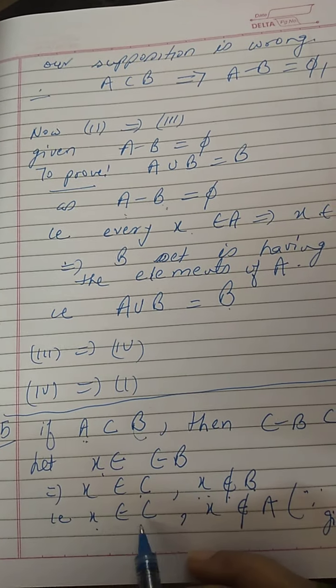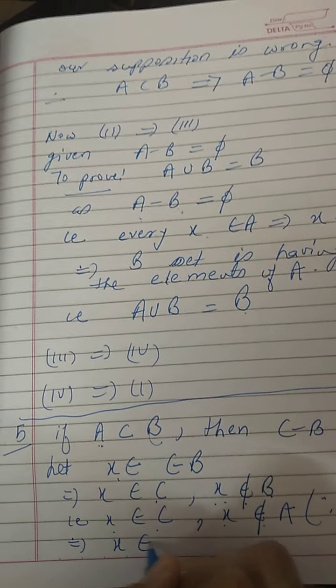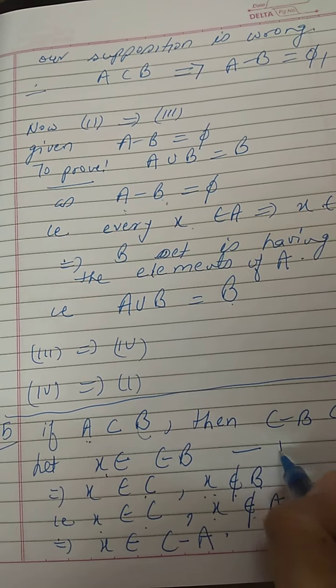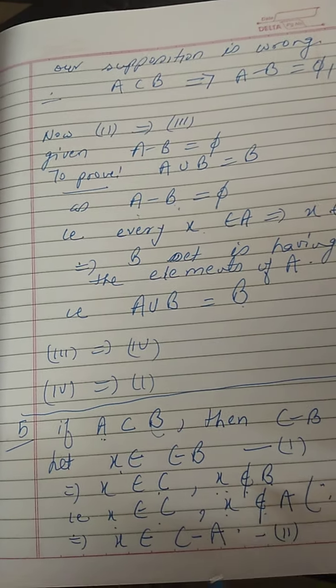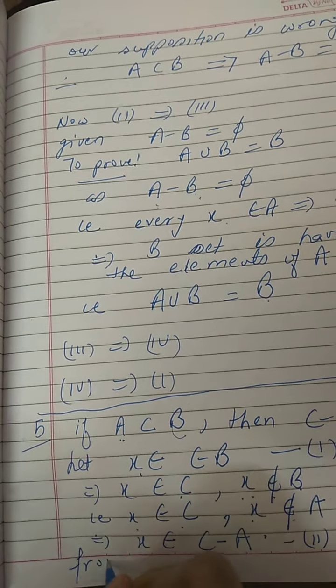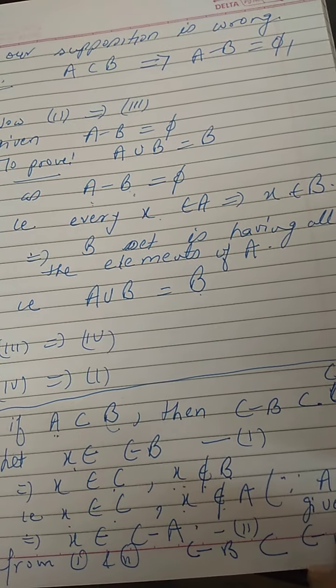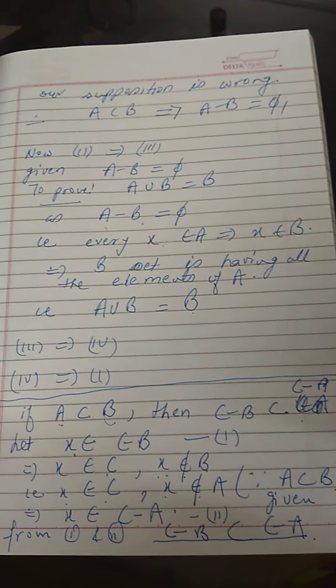Now here we have said X belongs to C and X doesn't belong to A, which implies X belongs to C minus A. In the first equation we said X belongs to C. In the second we reached that X belongs to C minus A. So from one end to the other, we concluded that C minus B is a subset of C minus A, right? So this is the proof of sum number 5.